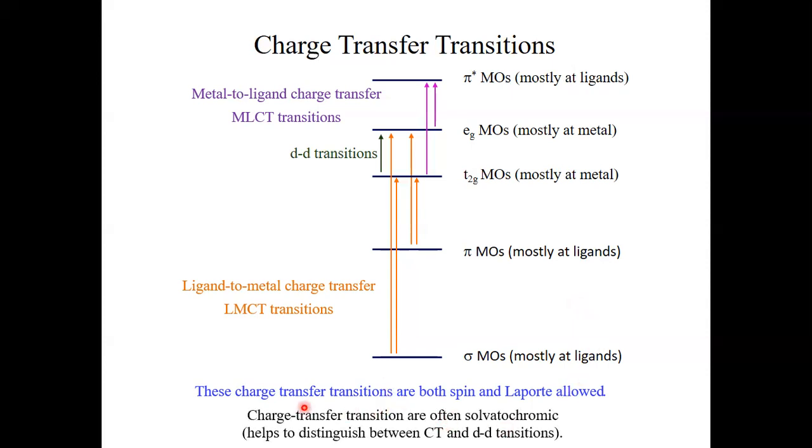Yeah, and I forgot one thing to explain. How can you identify and distinguish charge transfer transitions from metal d-d transitions? One way to distinguish them, which is very easy, is to dissolve the respective substances in different solvents. Often different colors are then observed in different solvents because charge transfer transitions are often solvatochromic.